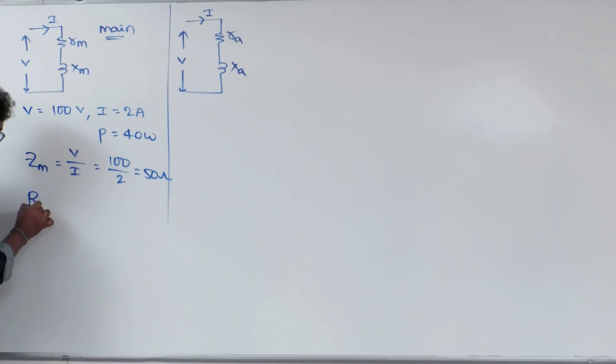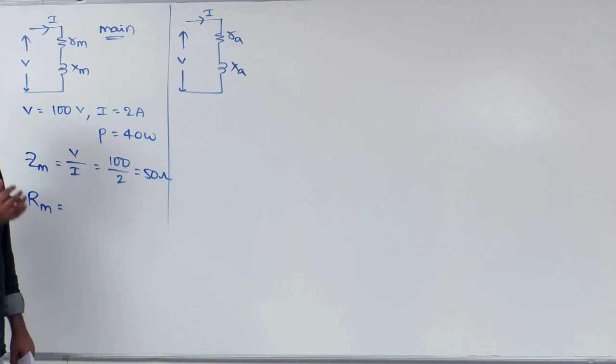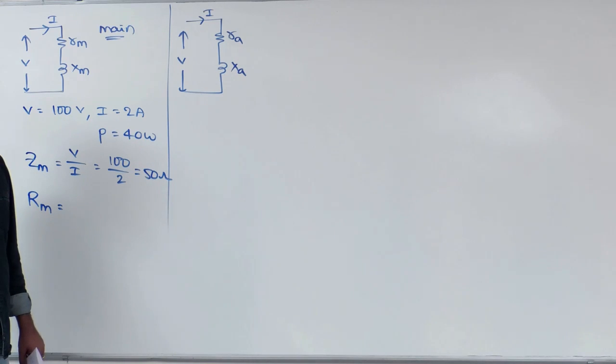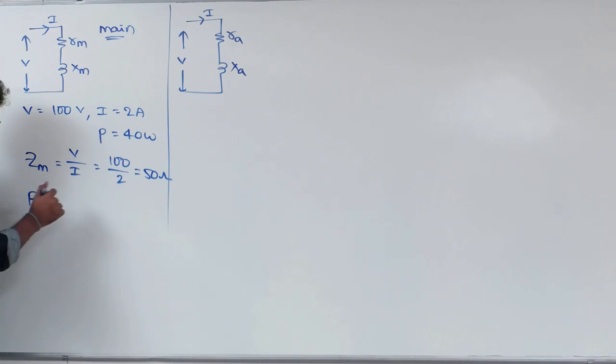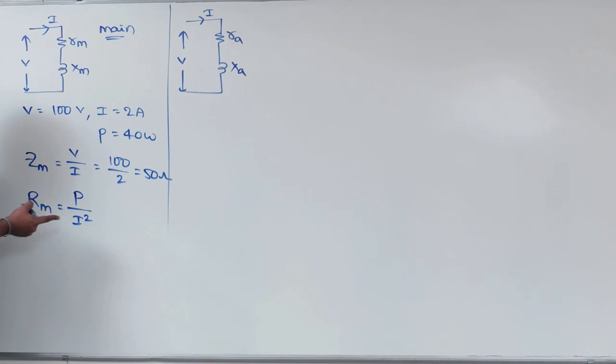Then calculate the resistance of main winding. Can I say resistance of main winding can be calculated using this active power reading? Because active power will be completely drawn by resistance only. Therefore, it is simply P by I square. I square into R is equal to P, single phase.